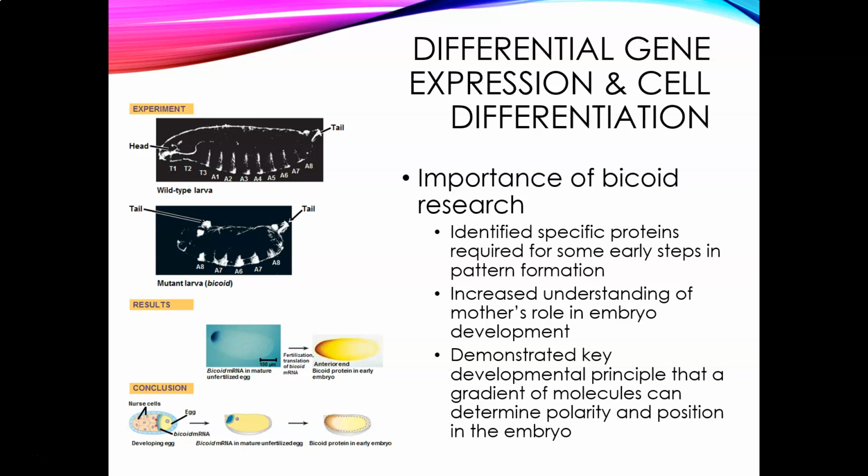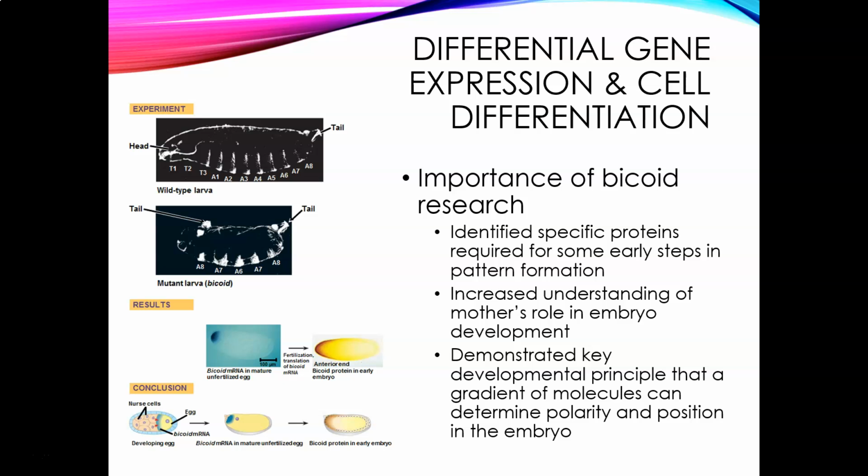So what this research ended up giving us above and beyond is just, hey, these fruit flies have a head and a tail, and this concentration gradient is a result of that. It helped to really identify specific proteins that are required for some of those very early steps in that pattern formation. Helped us to understand that the mother's role in that early embryonic development is incredibly important, even more so sometimes than the interplay between the genes between mom and dad.